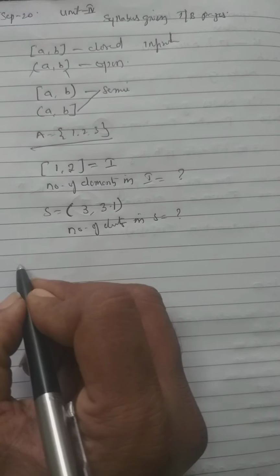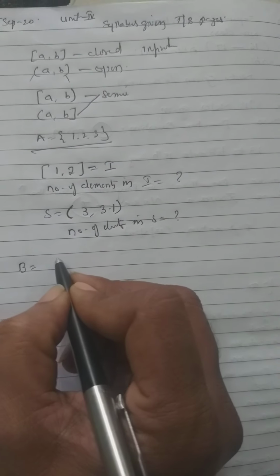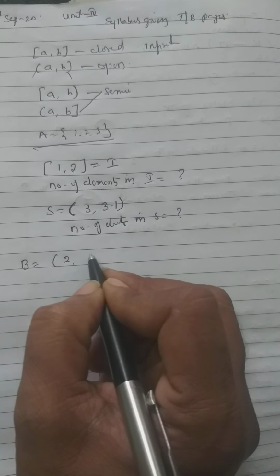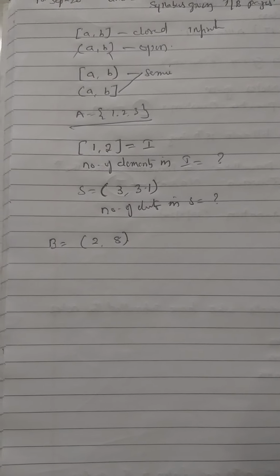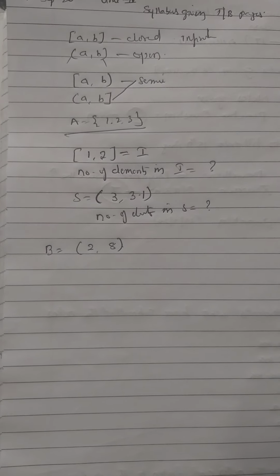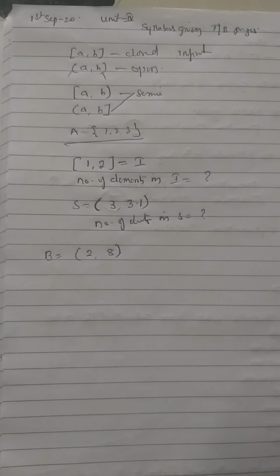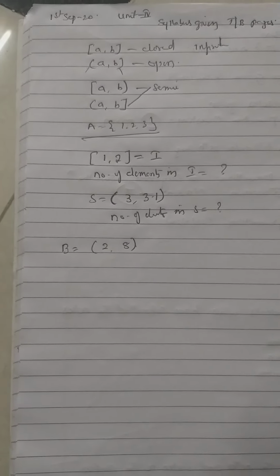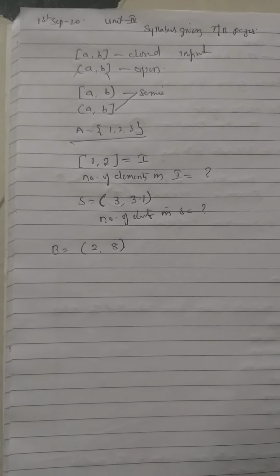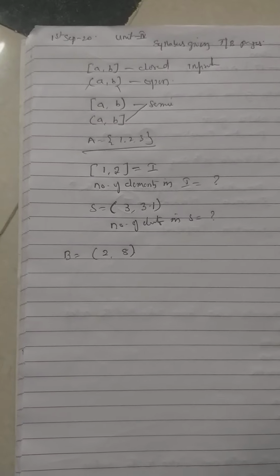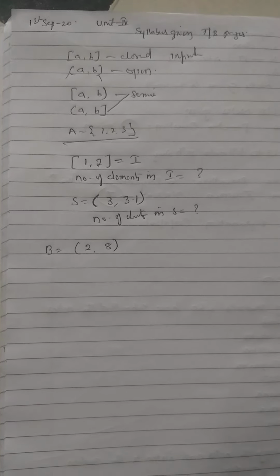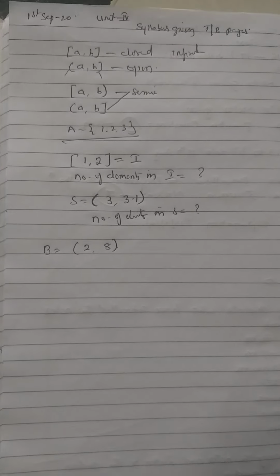Another example I am giving you. B is equal to (2, 8). It is also a set, called an open interval, right? Here does 2 belong to the set or not? No, 2 does not belong to the set. Does 8 belong to the set? No, 8 does not belong to the set B. Then what is B here?